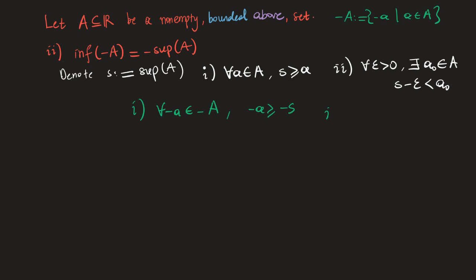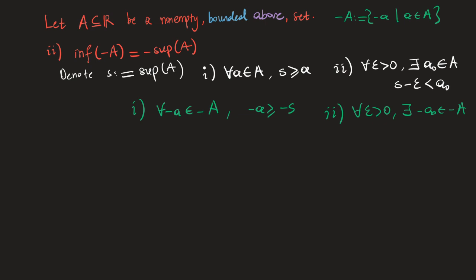In the second condition, for any epsilon bigger than 0, there exists a minus a0 in the set minus A. By the way, I'm using the existence of a0 from the first condition, barely the definition of supremum of A, nothing more.